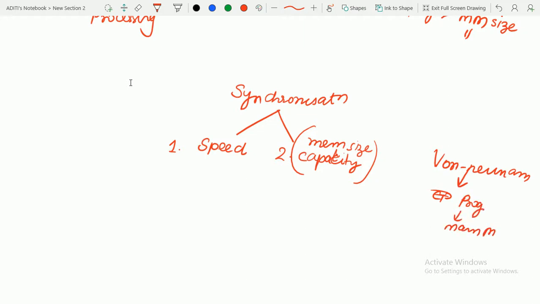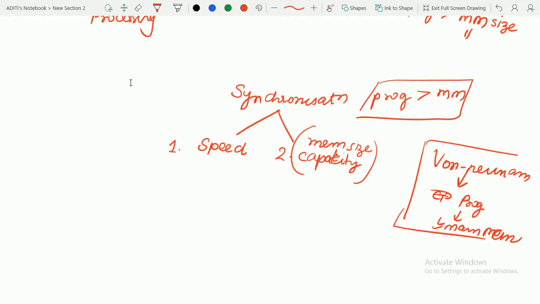So in order to execute, the data must be in the main memory. Since the program size is much greater than the main memory size, what we have to concentrate on is virtual memory.